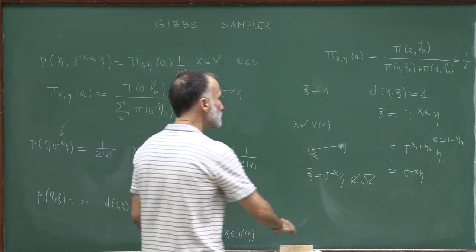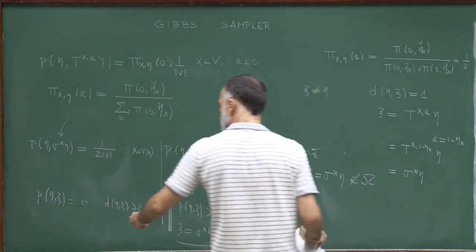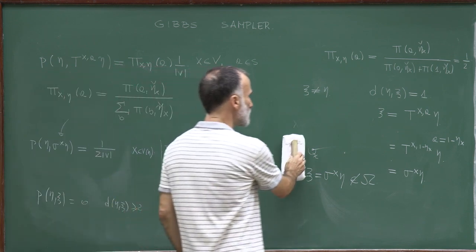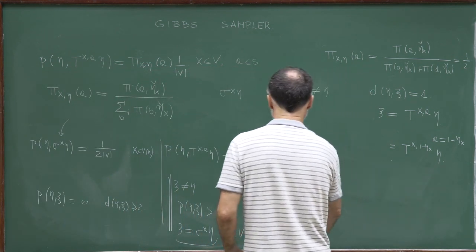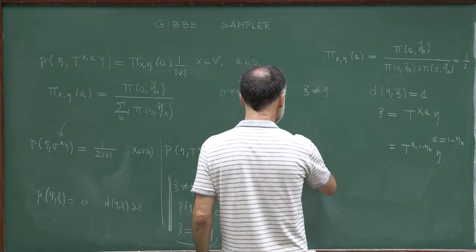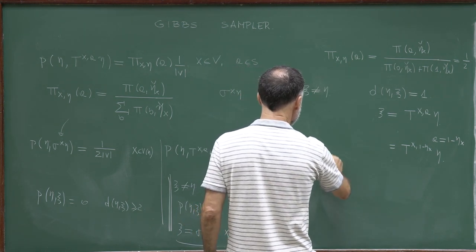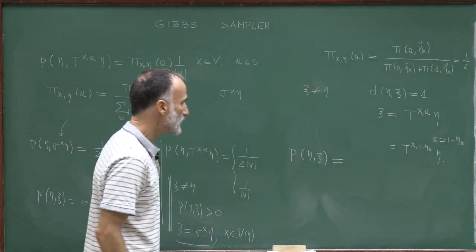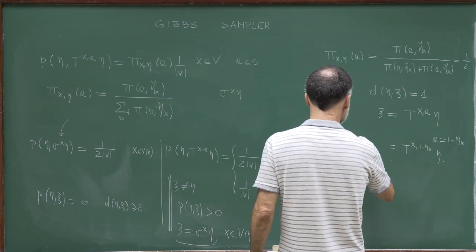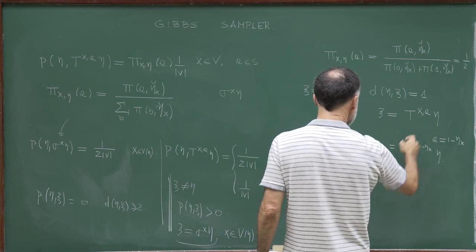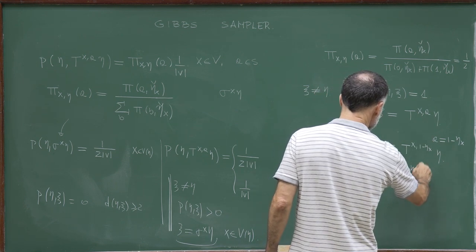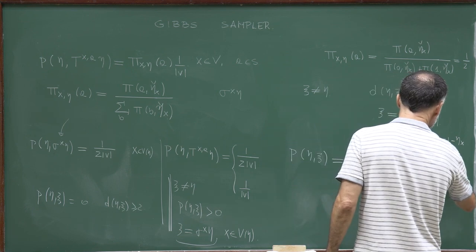And my final claim is that this probability of jumping is 1 over 2V. So let's prove that. Well, what is the probability that I jump from eta to psi? I reached the conclusion that psi is equal to sigma_x eta, and that x belongs to V of eta.